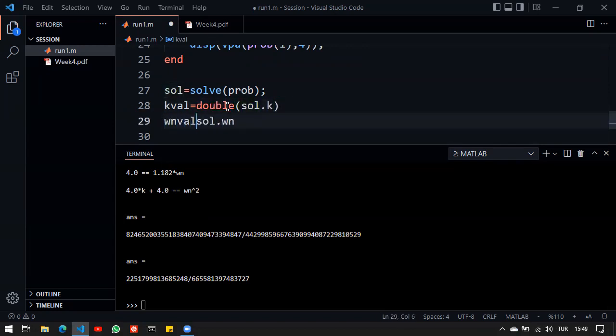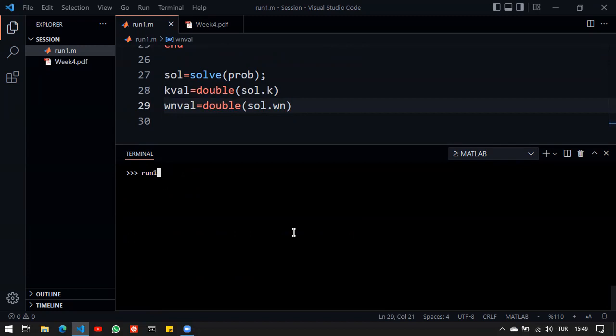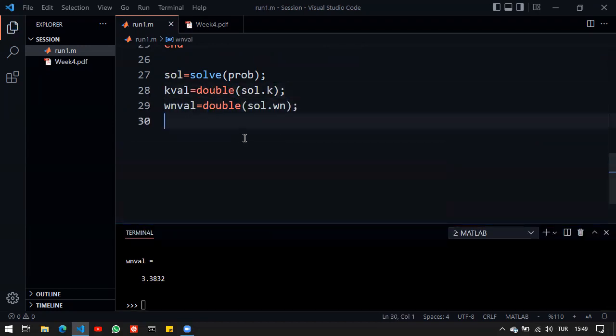So omega n val equals double, and then this. So we have values here, 1.8615 for k and also omega n. So at this point, I have calculated a k value here.